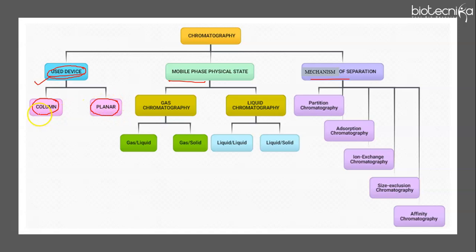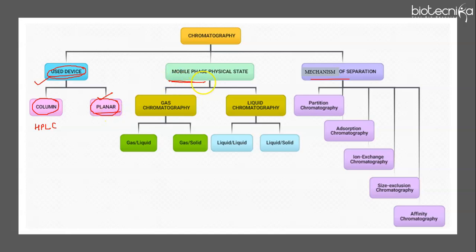In column chromatography, the separation is carried out in specific columns, as in HPLC, size exclusion chromatography, ion exchange chromatography, and more. On the other hand, paper chromatography and thin layer chromatography are examples of planar chromatography. In paper chromatography, the separation is carried out on specific papers, whereas in thin layer chromatography, the separation of substances occurs on a thin layer or plate of a solvent.